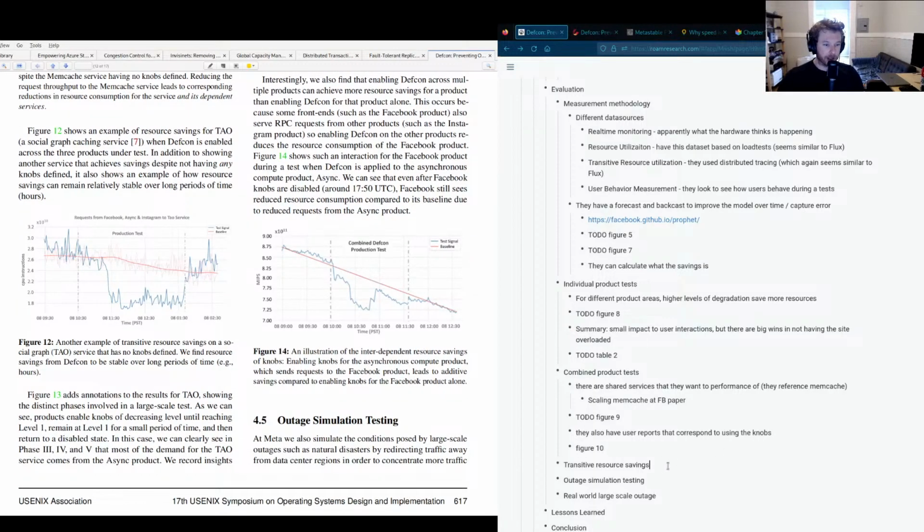Okay, so this is basically saying downstream services with no knobs. I think I understand what they're saying. Downstream services with no knobs can still benefit. For example, tau. Tau doesn't get overloaded as well.